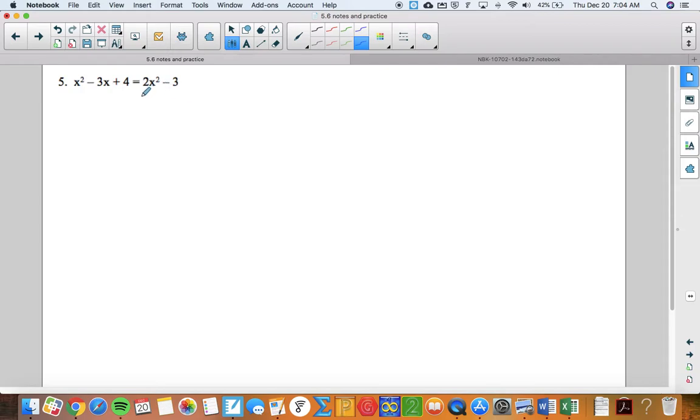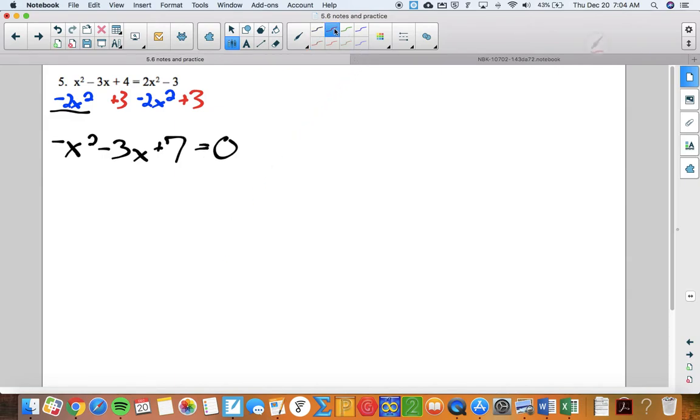Number 5, before we start that, we are going to set this equal to 0 by subtracting 2x squared and by adding 3. That undoes these things. Make sure on the left side you combine it with the like terms. So we get negative 1x squared minus 3x plus 7 equals 0. Alright, now we can start doing the quadratic formula.